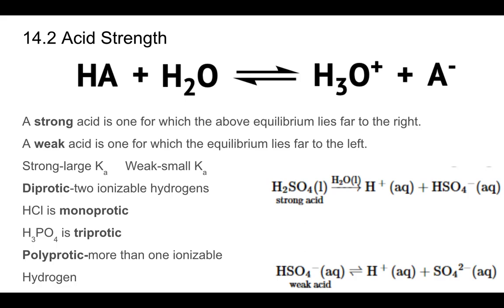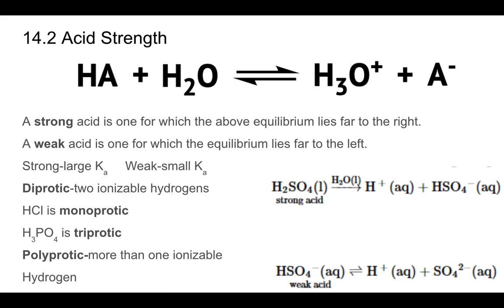And if you're doing anything with net ionic equations, you have to distinguish between strong acids and weak acids. Strong acids are fully ionized, and weak acids are generally in the molecular form and not broken into ions in a net ionic equation.